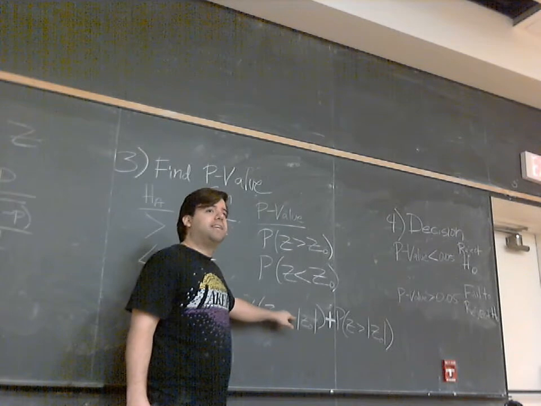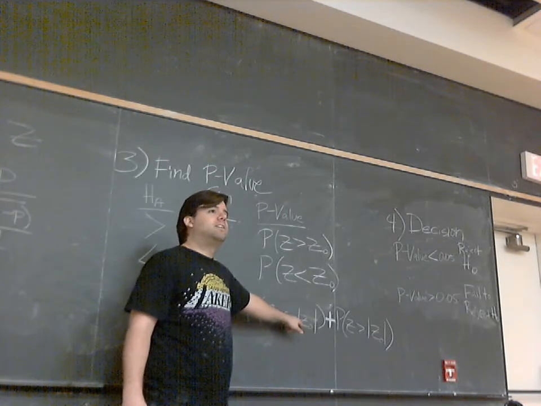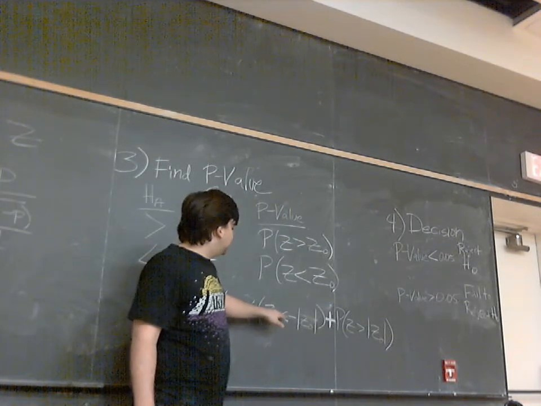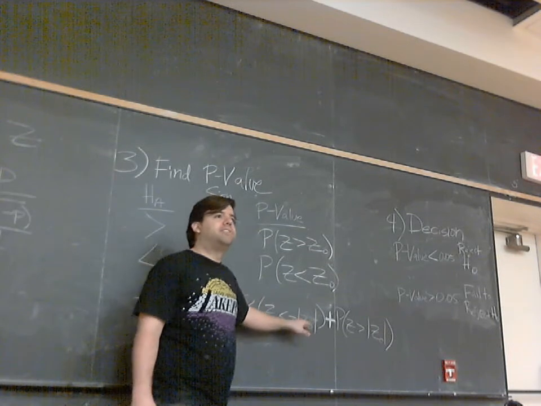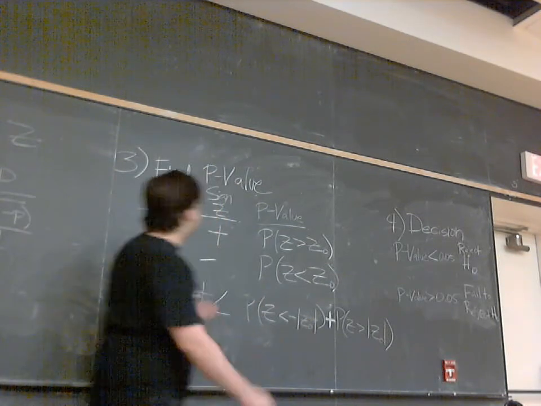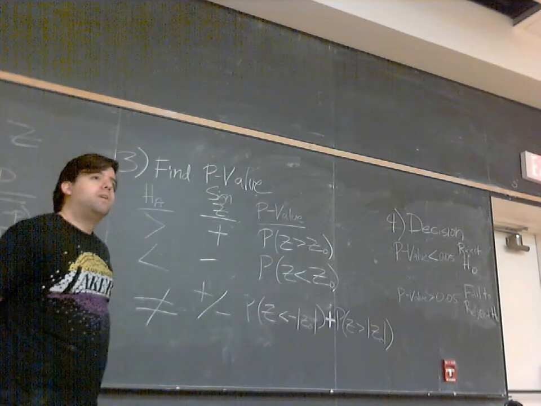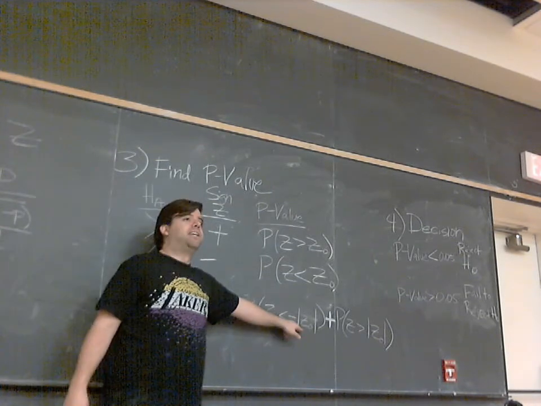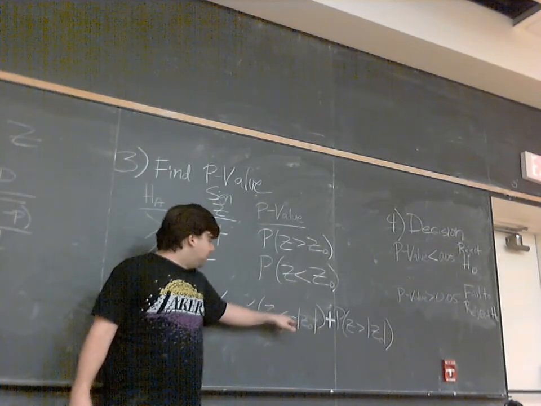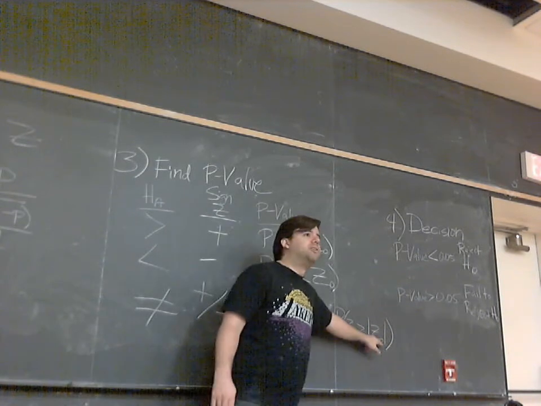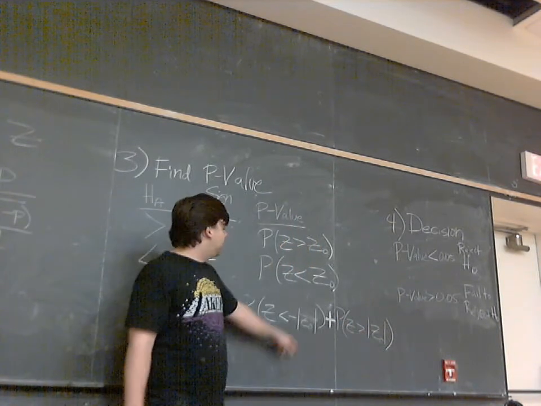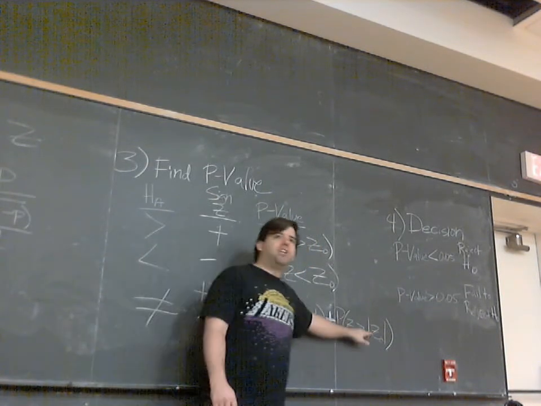That just means negative z. The probability that z is less than negative of whatever value I got for z-score. So let's say my z-score was the negative of the absolute value. If I got -2, this would be -2, and this would be +2. If my z-score were +2, this would still be -2, and this would still be +2.